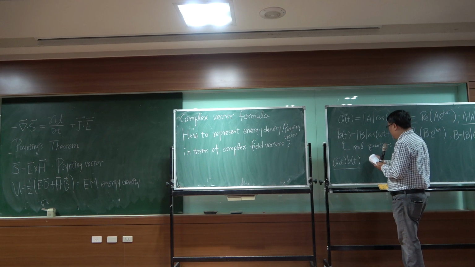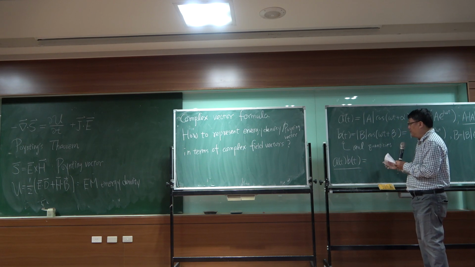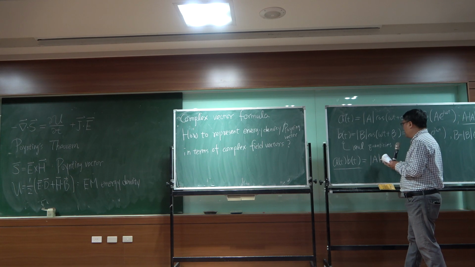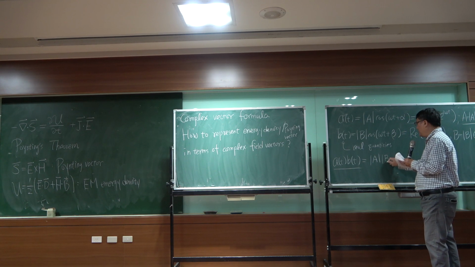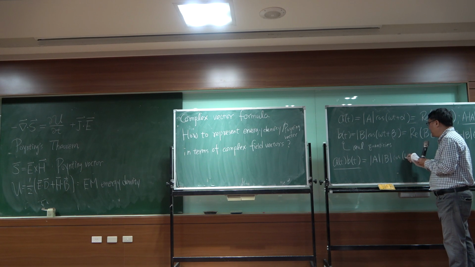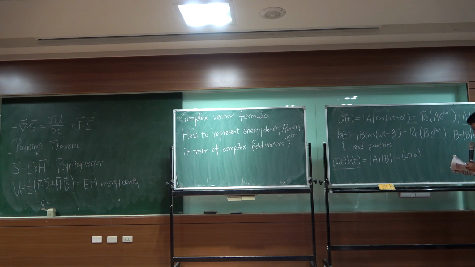So this is equal to the absolute value of A times the absolute value of B times cosine of omega t plus alpha times cosine of omega t plus beta. Okay.